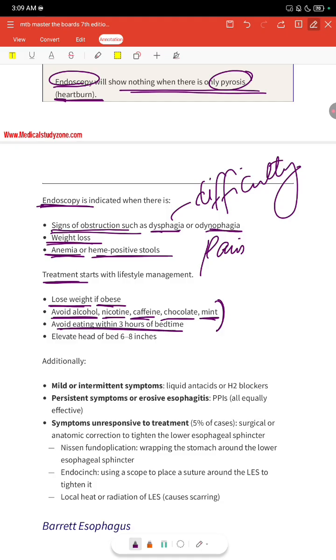So avoid late night eating. Elevate head of bed 6 to 8 inches in order to alleviate the GERD symptoms, in order to alleviate the acid reflux.